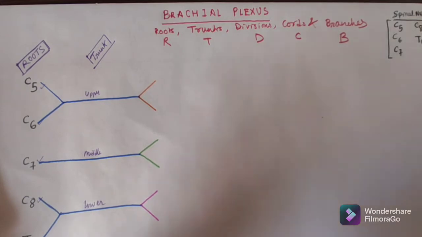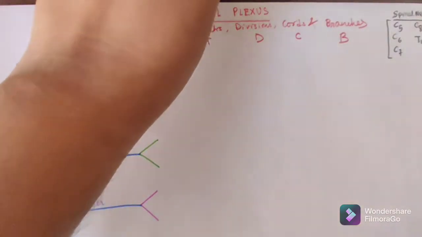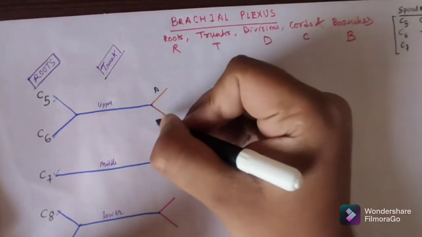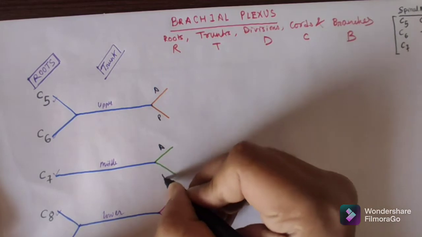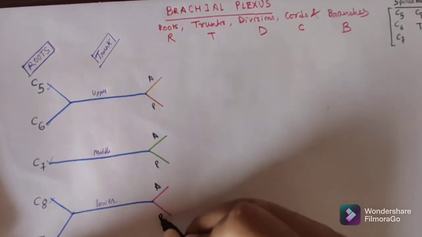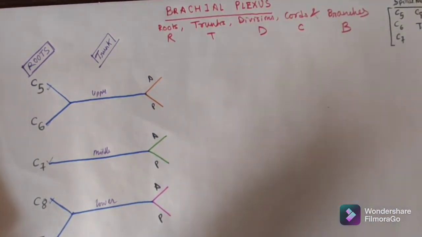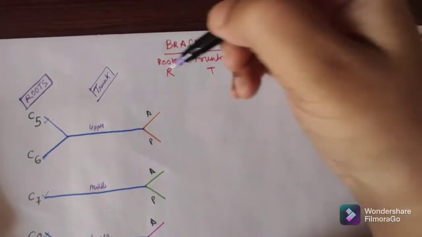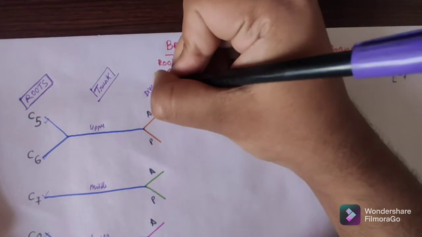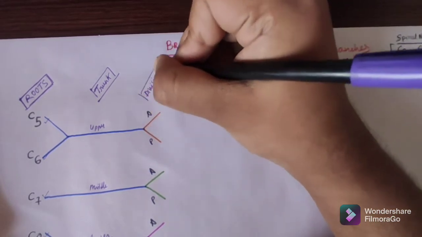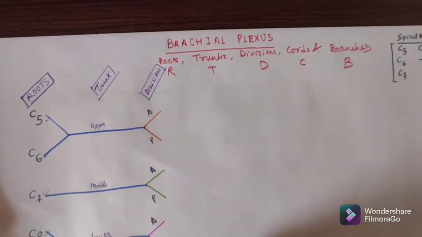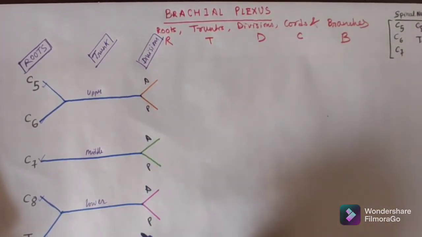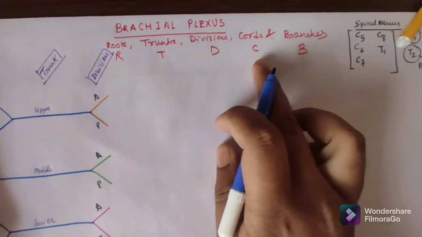Let me name them: anterior, posterior, anterior, posterior, anterior and posterior divisions. Now when we have done the divisions of the respective trunks, let's move to the cords.